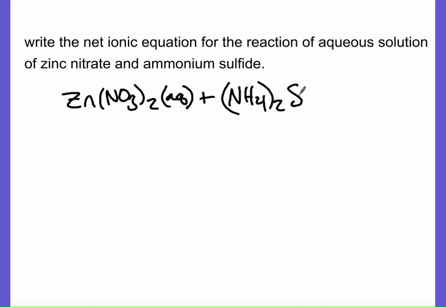There should be a reaction, so one of these things is going to form a precipitate at the end of the day. So this is how you're going to do that ultimately. All right, first you need to reform new products, right?